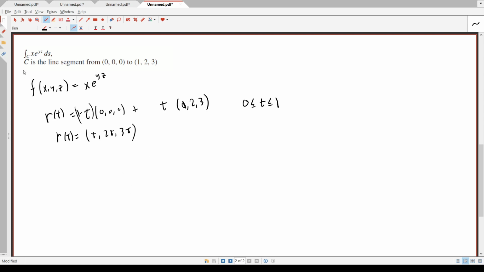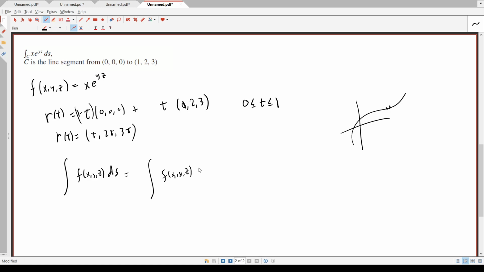Okay, so to integrate a scalar function like this, the integral of f of x, y, z ds. So ds, again, remember that stands for a small segment of the line, right? I have some curve, and ds represents the length of a small segment. But we also said that this was equal to the integral of f of x, y, z.